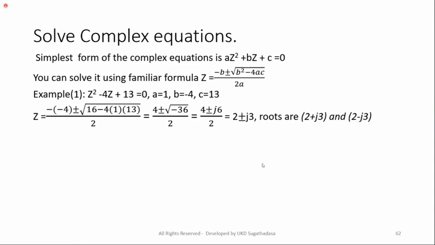We get 4. You multiply them, a squared plus b squared, because they are conjugates. You get 2 squared plus 3 squared, 4 plus 9, 13. The equation is z squared minus (alpha plus beta) z plus alpha beta. That is 4z, and alpha beta is 13. Right?